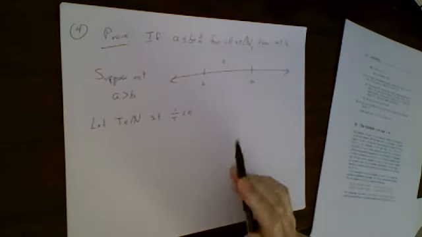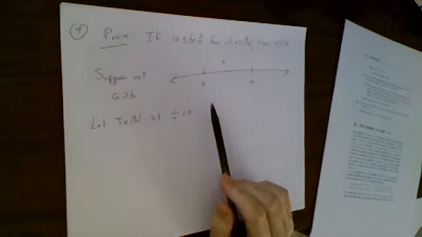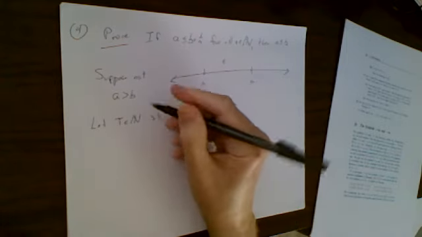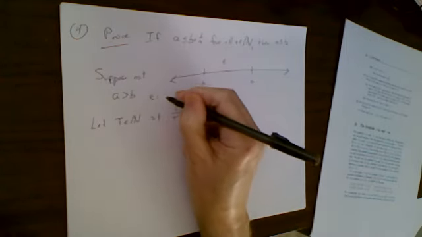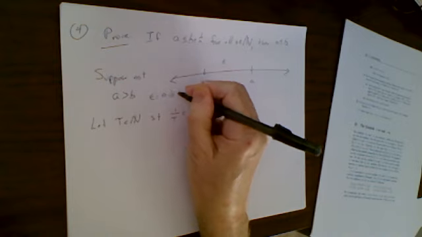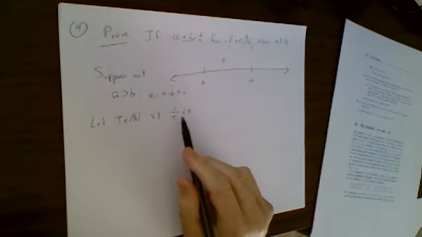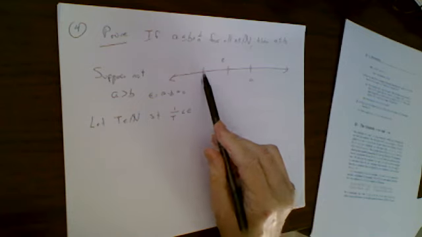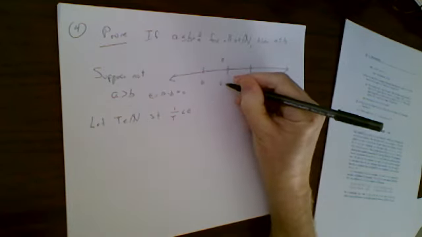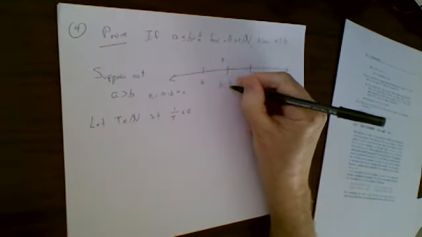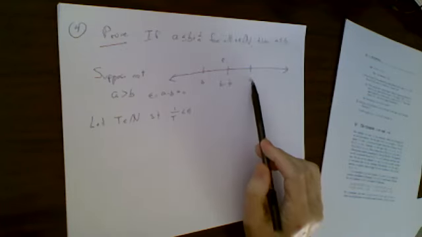Remember, the least upper bound property said that no matter how small epsilon is, again, I'm letting epsilon be a minus b here, which is a positive number, I can find a t such that 1 over t is less than epsilon. That means if you take b and you add 1 over t, you don't make it all the way to a.